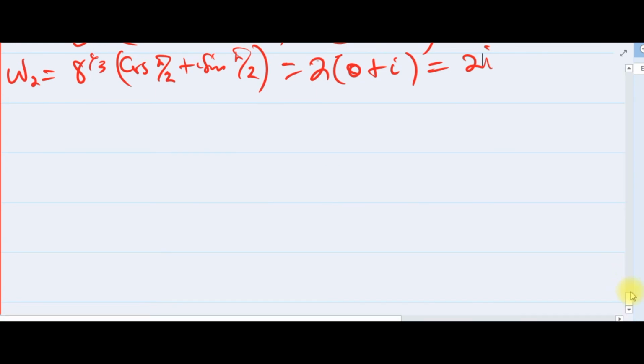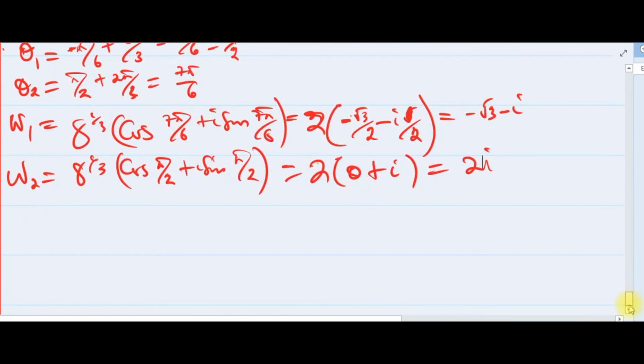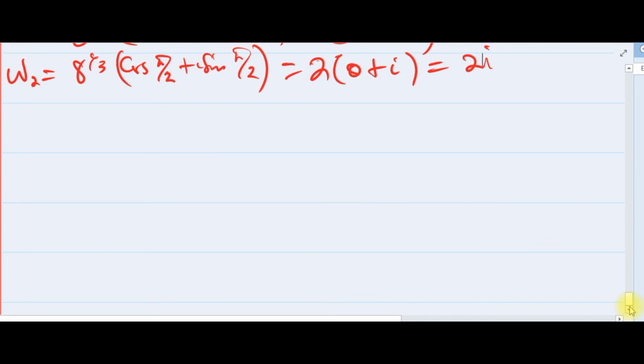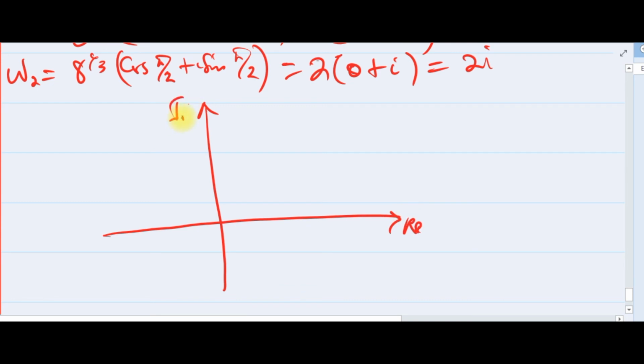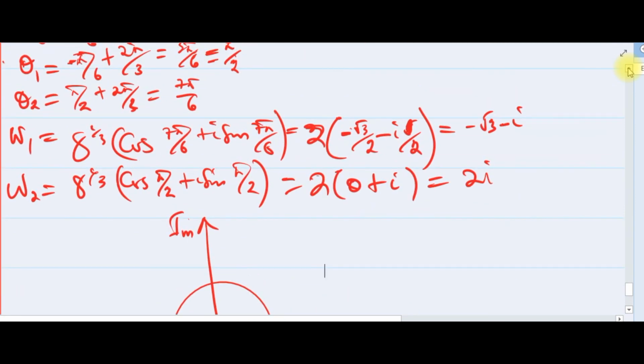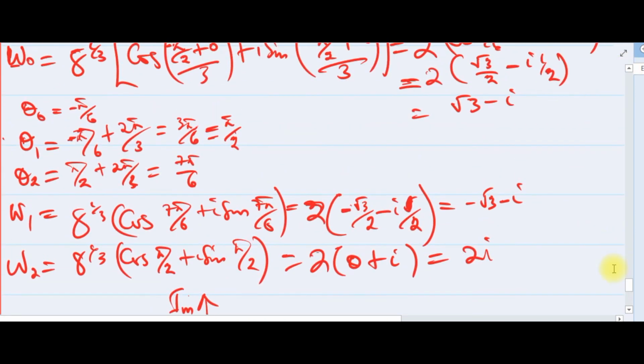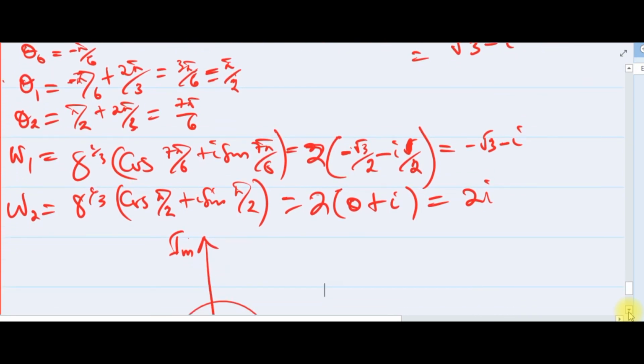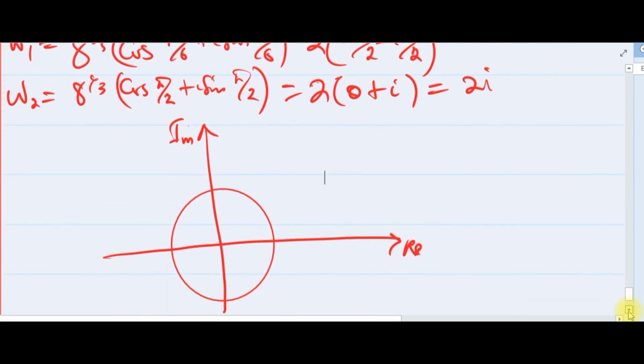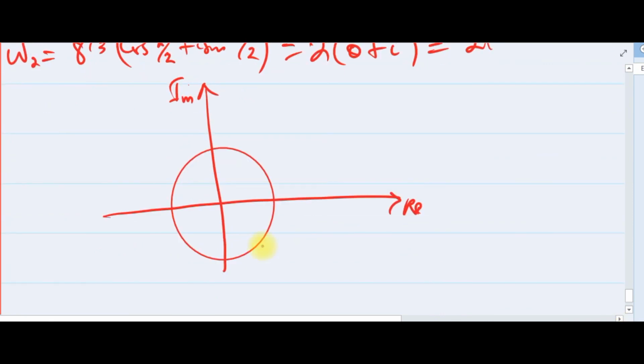They say we should graph these roots in a complex plane. So we graph. This is just a circle. Remember the first one is root 3 minus i.